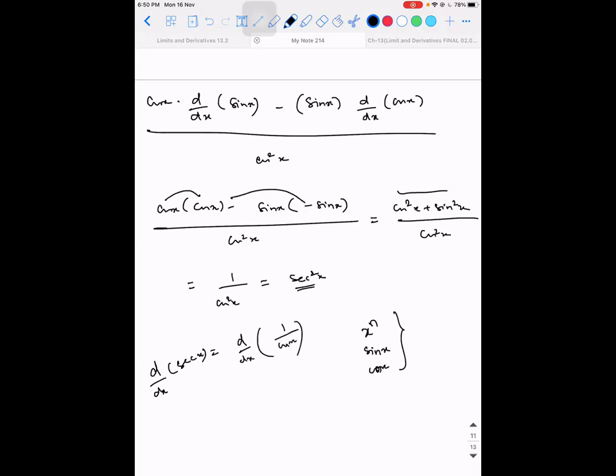So 1 is numerator, cos x is denominator. Remember, derivative of a constant is always 0. I think I've explained this, right? If I have not explained it, write it down. Derivative of a constant is 0. So 1 is a constant.